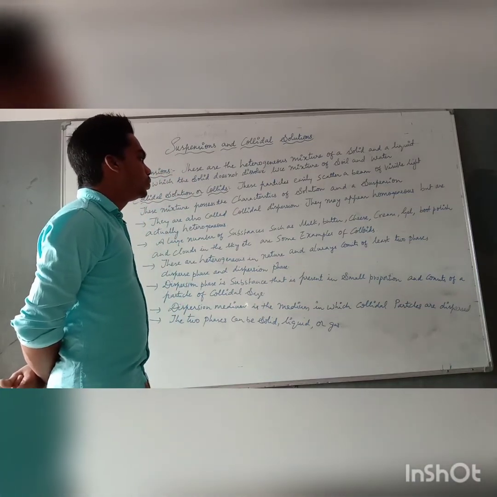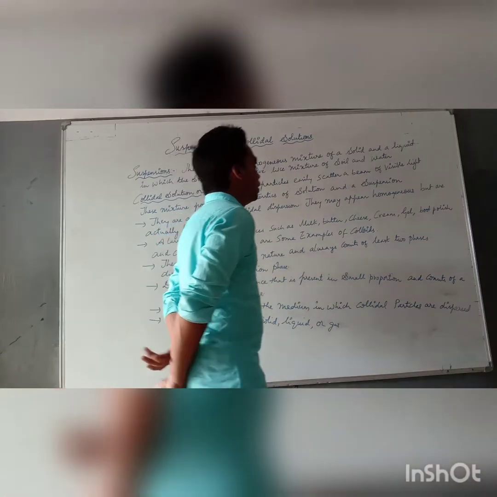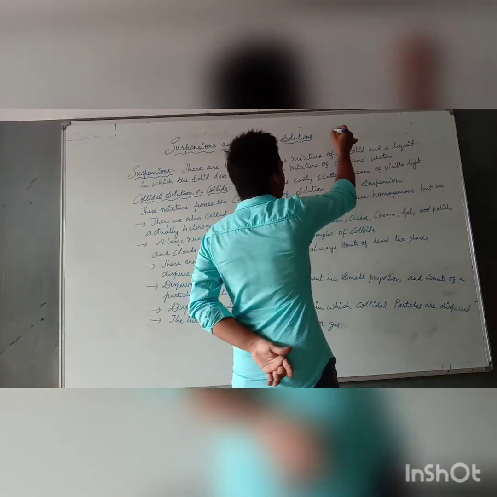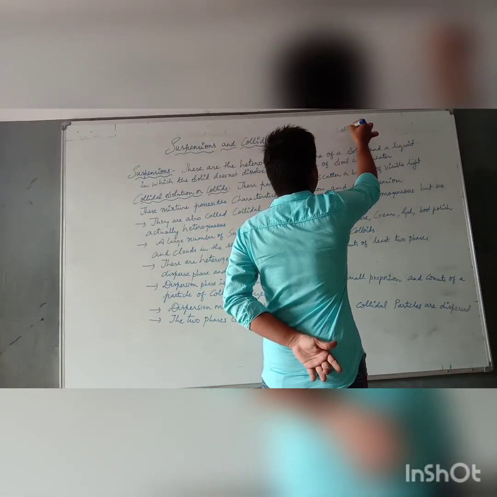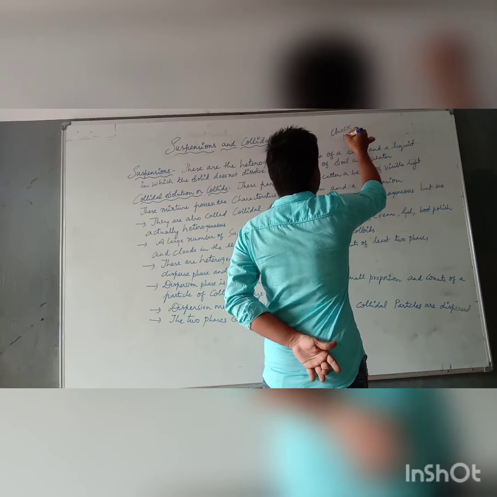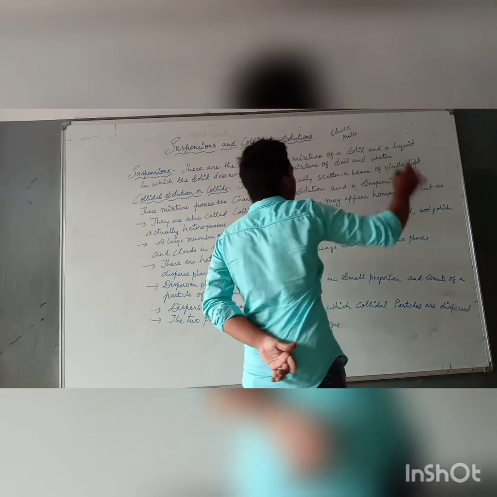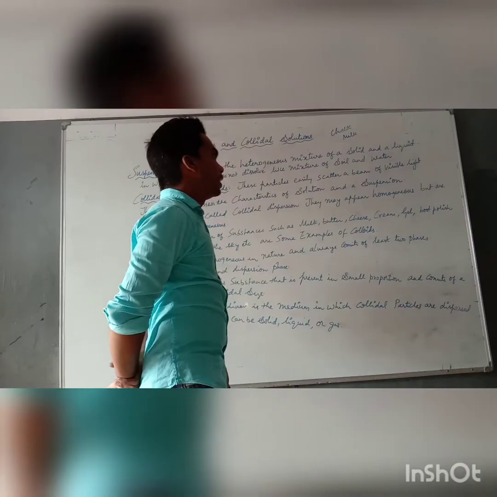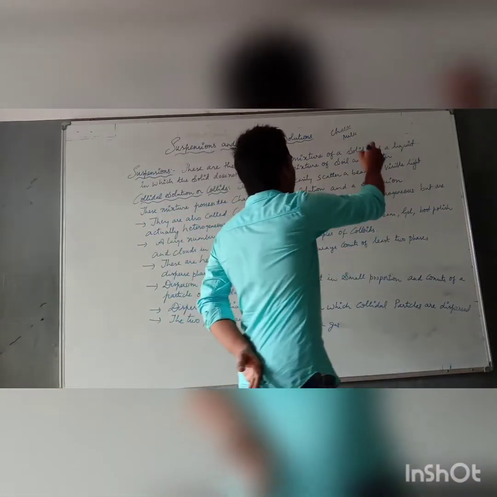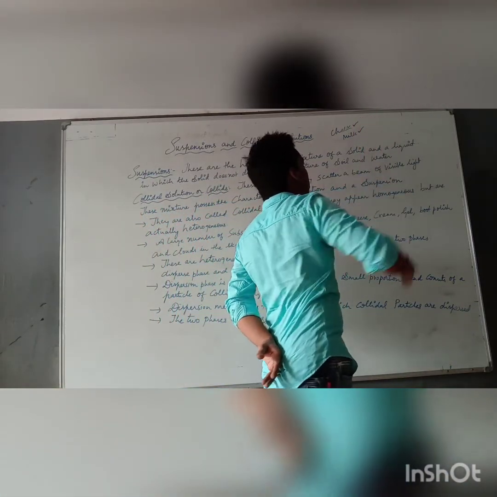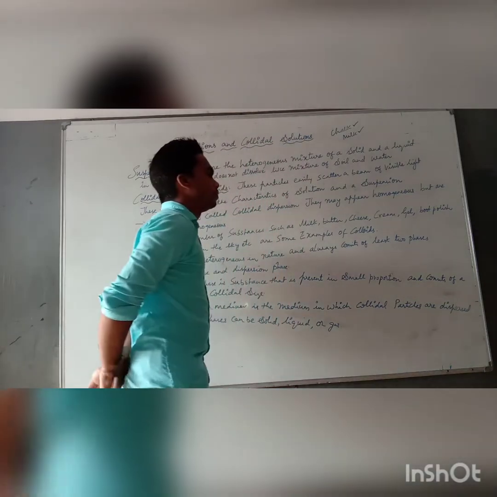Here we need to do an activity. In this activity we are taking chalk powder as well as some milk. We are taking two different test tubes. In one test tube I am placing chalk powder, in another test tube I am placing some milk.